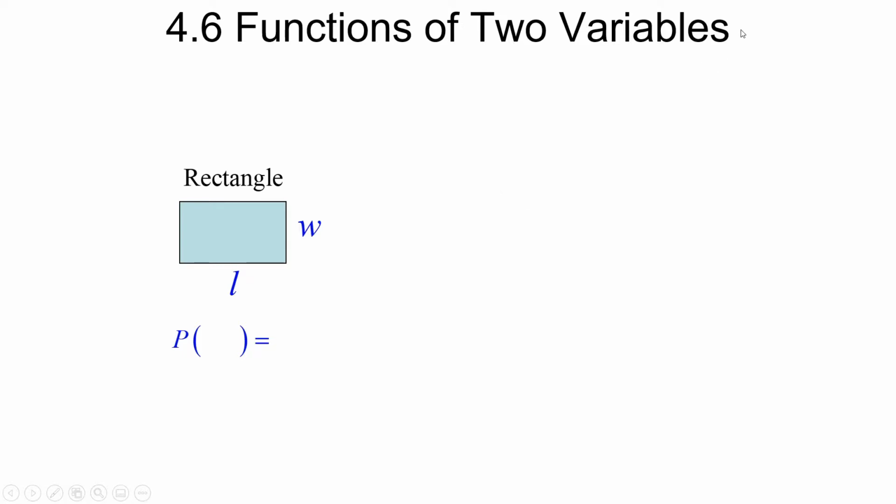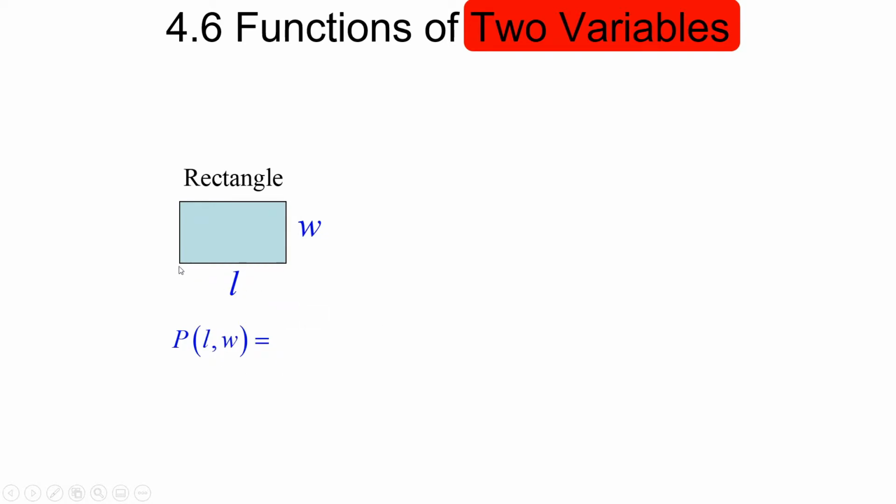You didn't know it then, but that formula was actually a formula of two variables. The appropriate function notation for a formula of two variables is to go perimeter of, and this perimeter is going to be in terms of length and width. So you've got L comma W instead of just like P of X.